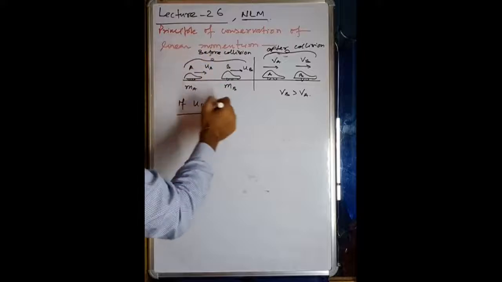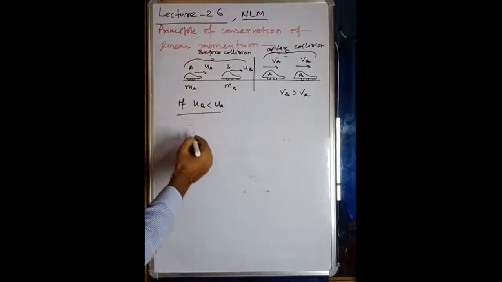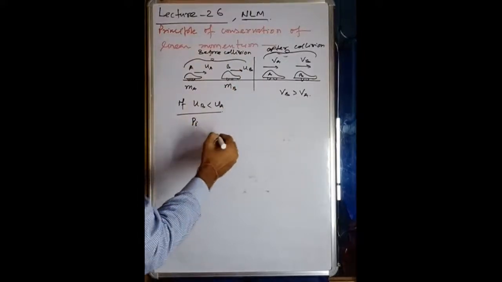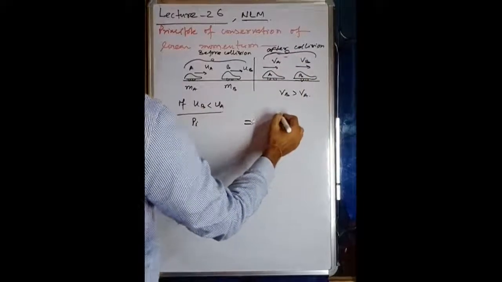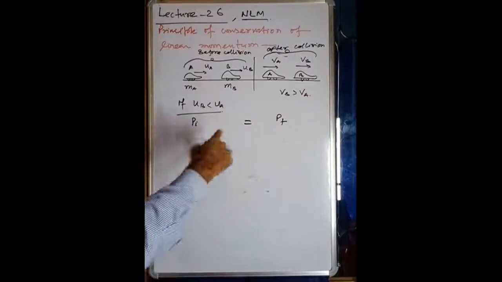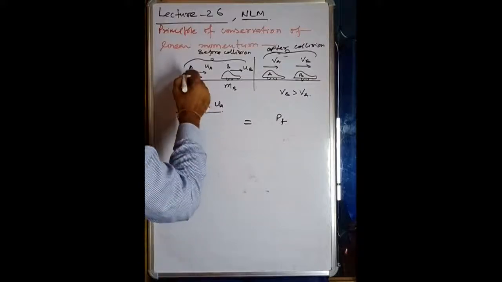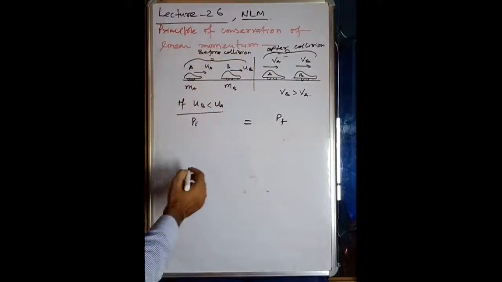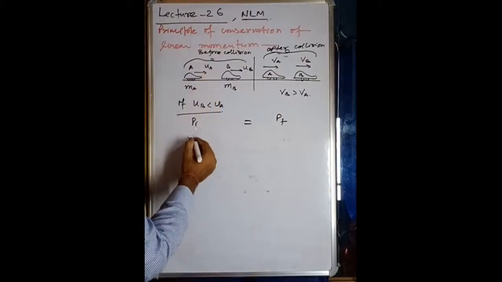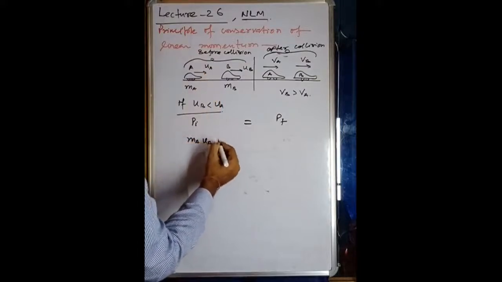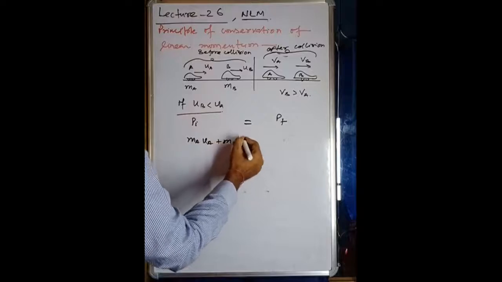Before collision, the total momentum of the system, my dear students, we can write as the initial momentum, and if this is the final momentum after collision, then it should be equal according to the conservation principle. And what is the total momentum before collision? It is MA UA plus MB UB.